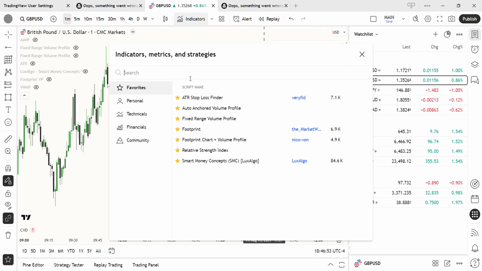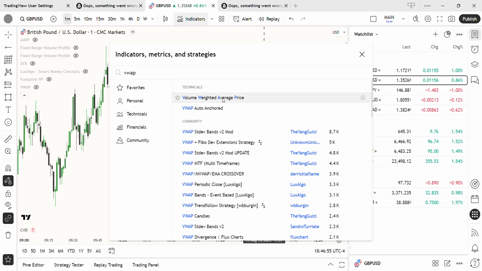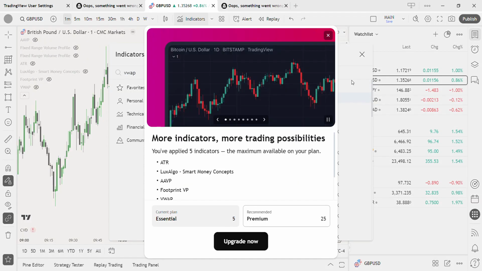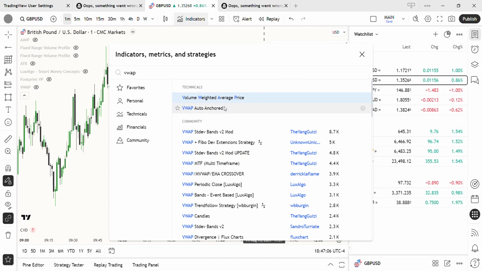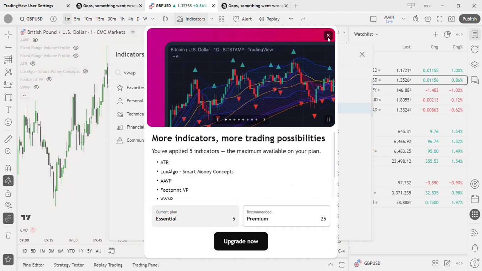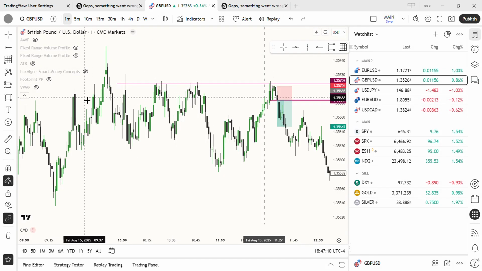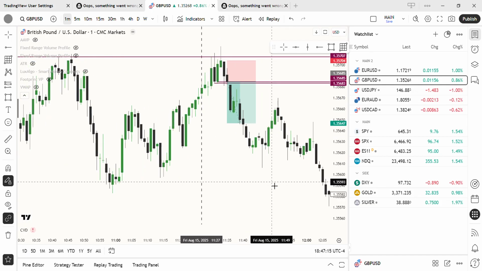Auto anchored? Was that VWAP? I think I meant to heart, or I mean favorite the VWAP or one of these VWAPs. Wait, what? Oh, it's because I already have 5 indicators on the chart, bro. Fuck. But yeah, anyways, we're getting off topic.